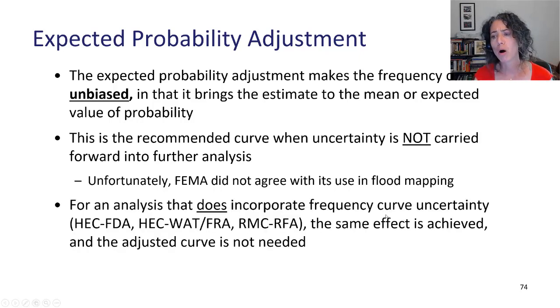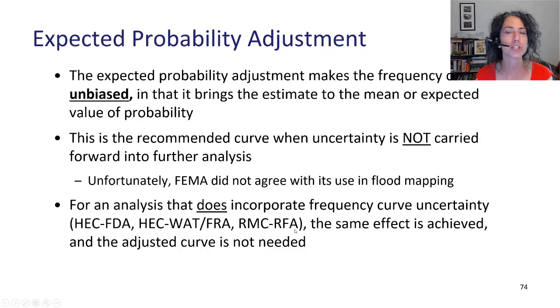Also, in any analysis that does incorporate the uncertainty in the frequency curve, we don't need to use the expected probability curve, right? Because we get the same effect by bringing the asymmetrical uncertainty further into our analysis. So some examples are HEC software, FDA, and WAT, and the RMC software, RFA.